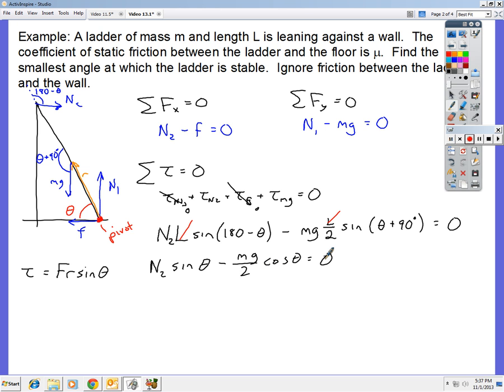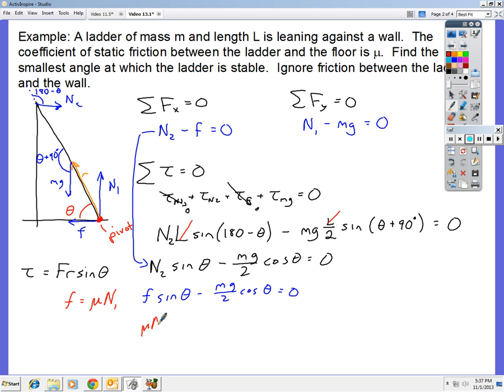And then we can say, oh, well, this equation here, we get friction in there. So we get f sine theta minus mg over 2 cosine theta equals 0. But friction equals mu N1.